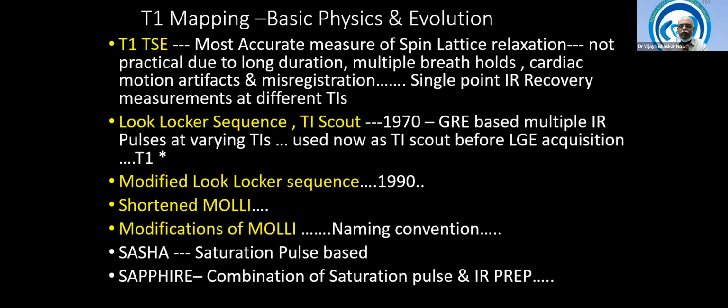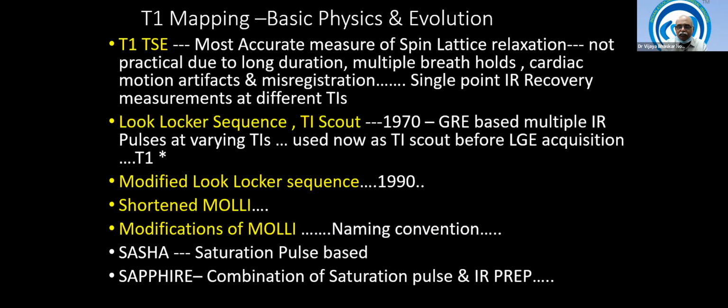The Look-Locker sequence has been named after the great physicists, Dr. Look and Dr. Locker, who in 1970 identified, in a non-human environment, NMR experiments. They identified that instead of doing regular T1 study, if you start inversion recovery with multiple pulses and low flip angles, you can start getting the information very fast, which shortens the period and gives you the data.